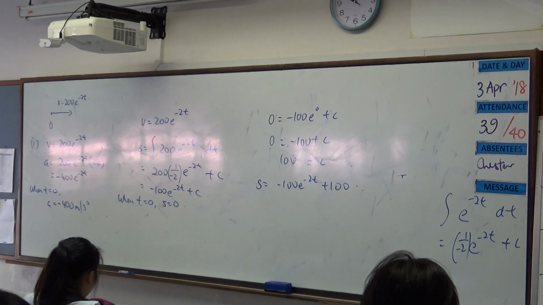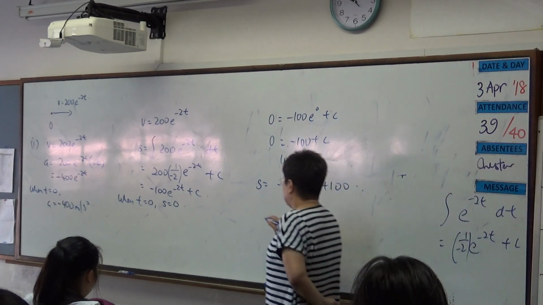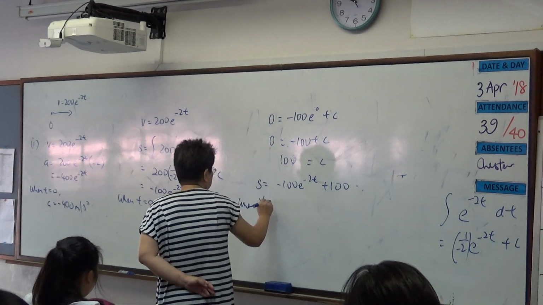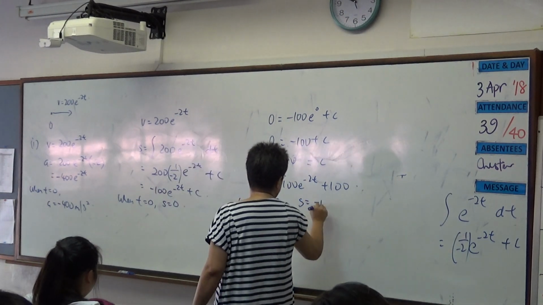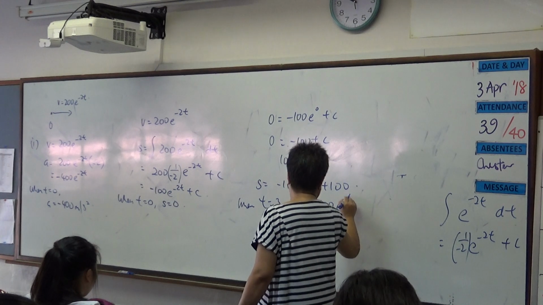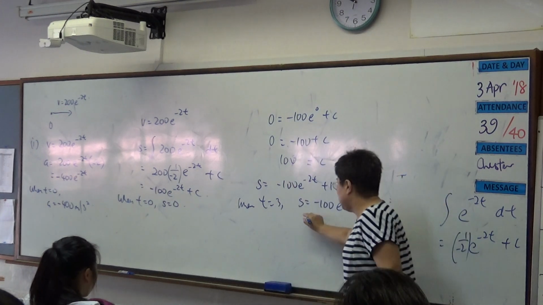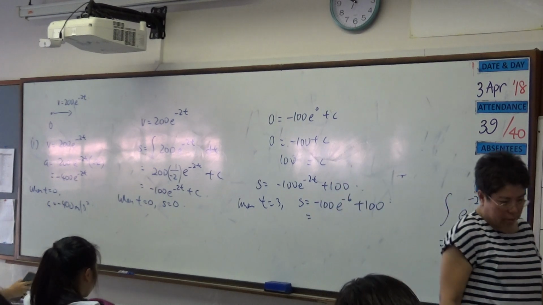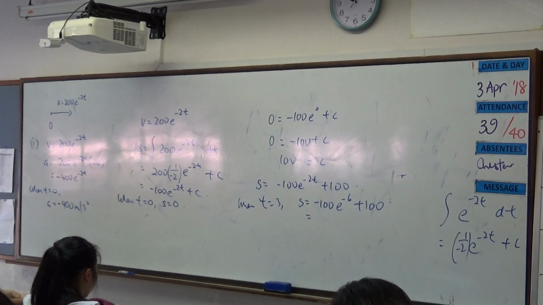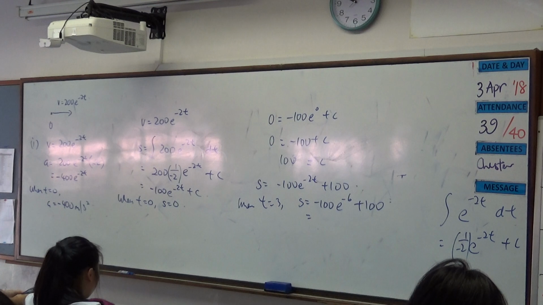2 decimal places is displacement, right? When t is 3. So when t is 3, key in the calculator. What's the displacement? 99.75.